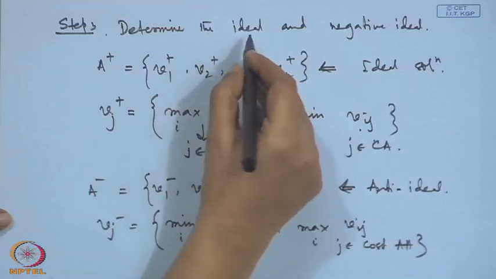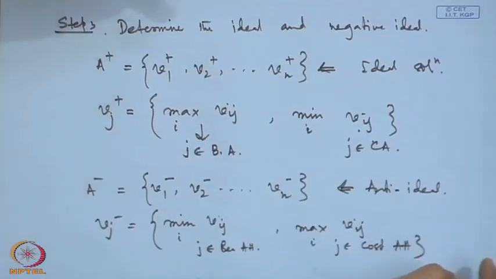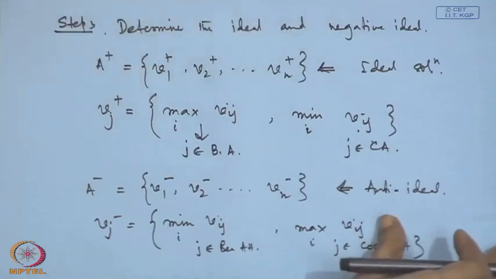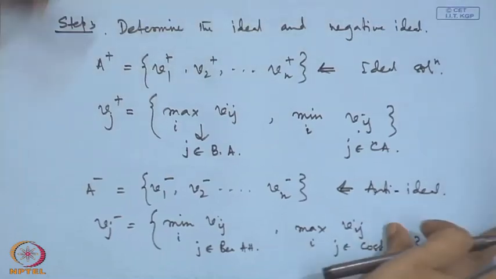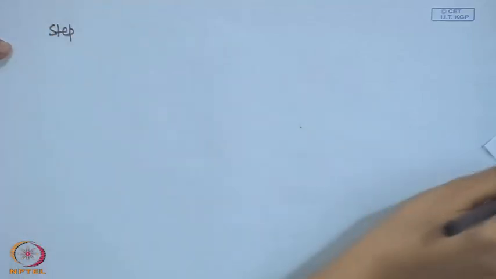The ideal solution is also named the utopia point. And the next step for the TOPSIS method, step 4, is that we consider the separation measure.